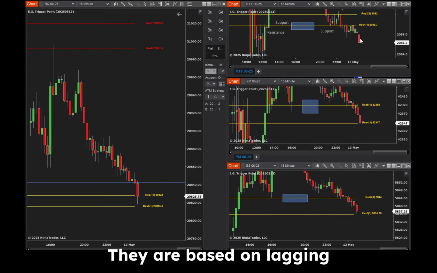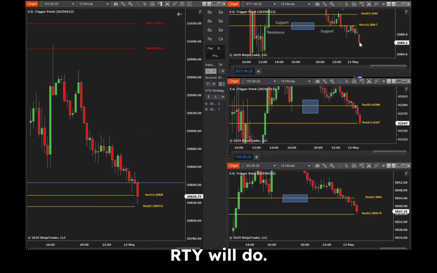They are basing on lagging indication. RTY went down. Now, we don't know what RTY will do. It went down, that's correct. But now, there's a new state of the market. The market wants to go up. Why? Because they hit their support together.